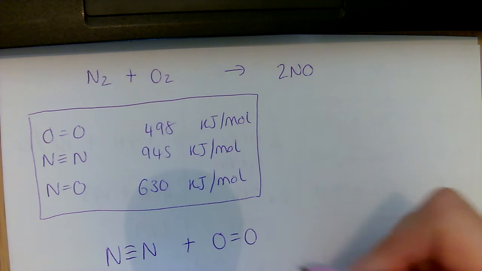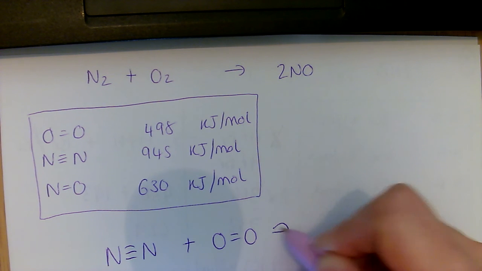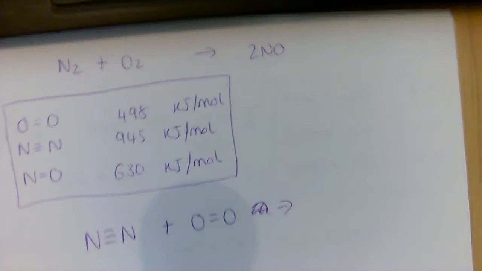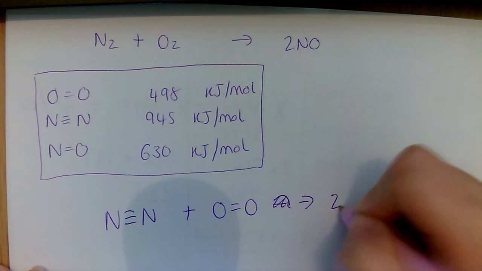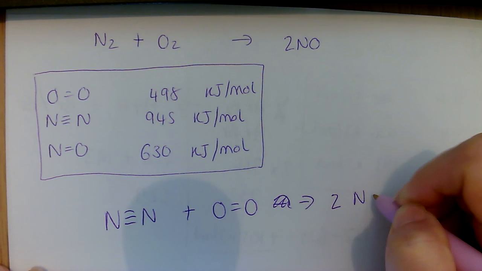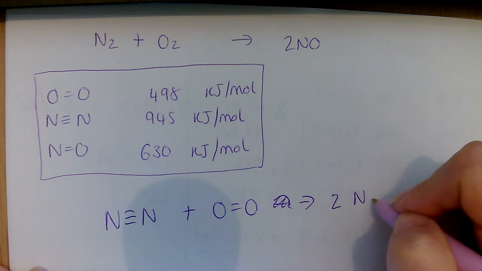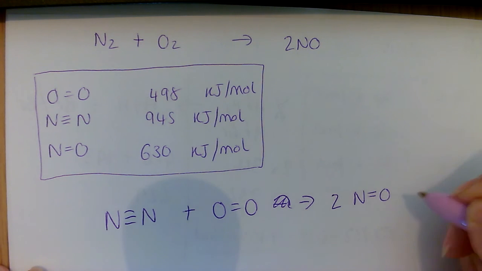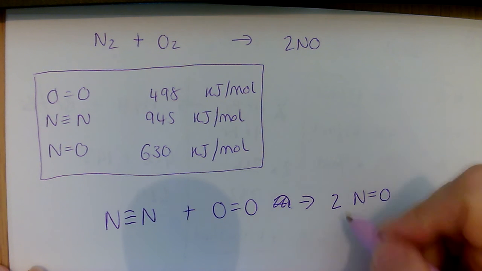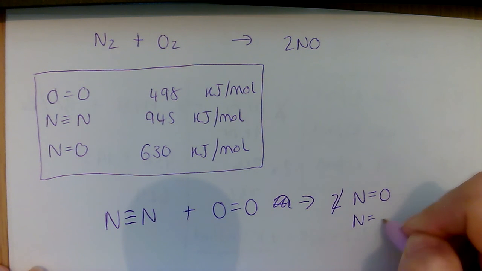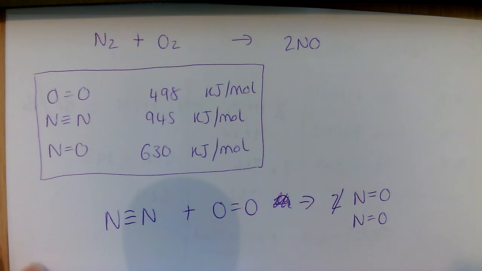That's reacting with a double bonded oxygen, and it's forming 2 NO. Again, I've got 2 here, so I would cross that out and put the O underneath it.